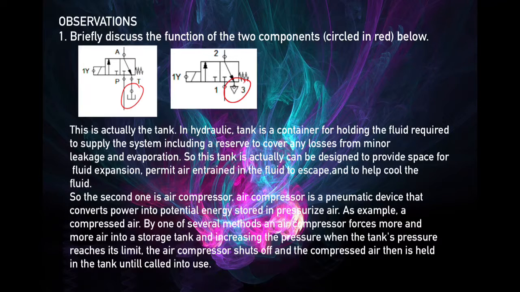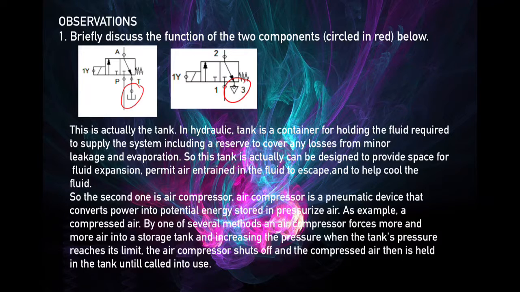The second one is the air compressor. An air compressor is a pneumatic device that converts power into potential energy stored in pressurized air, by compressing air using one of several methods.